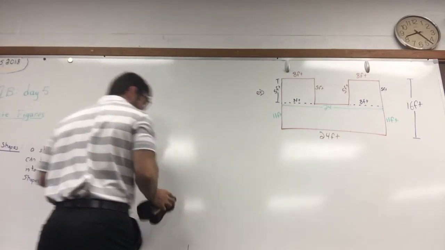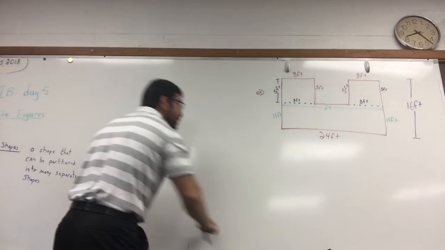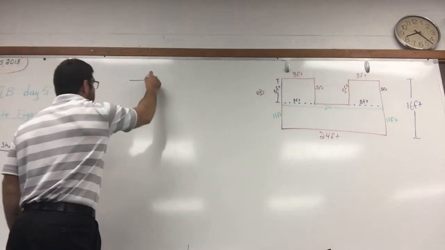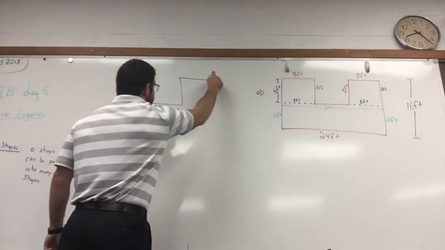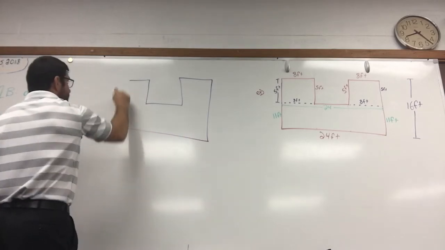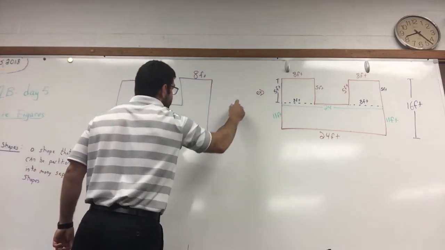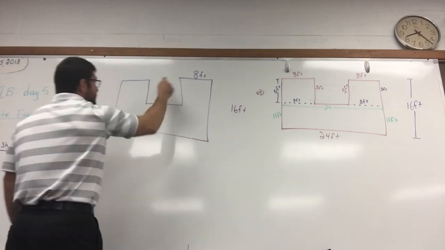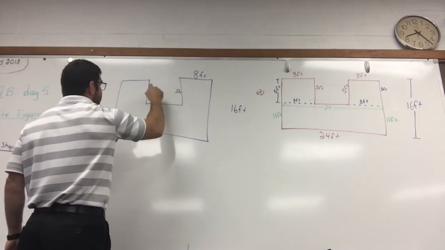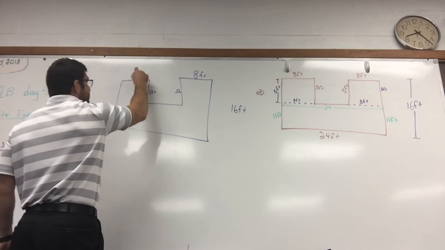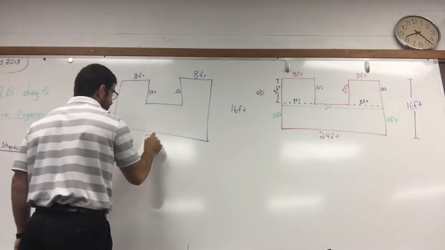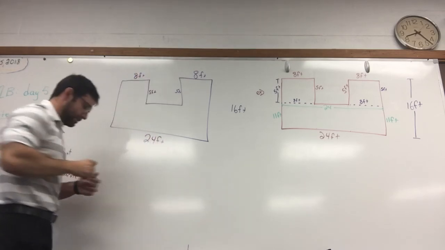So what else could I do? Well, let's redraw the same figure with the same starting numbers. So this was 8 feet. This was 16 feet. This was 5 feet, 5 feet, 8 feet, 24 feet.